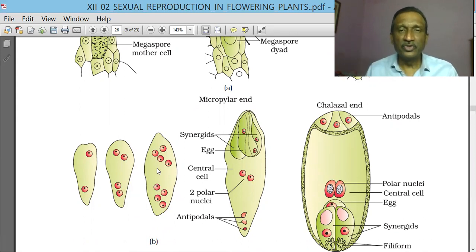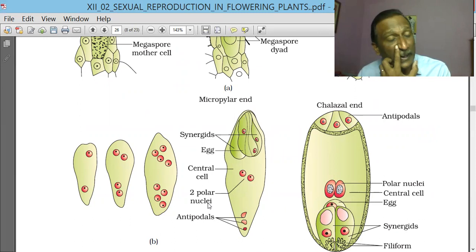Now the cytoplasm formation will begin. And the three cells toward the micropylar end will form two synergids and one egg cell. Collectively, they form the egg apparatus. Two of these cells come to the center, and they form the polar nuclei.